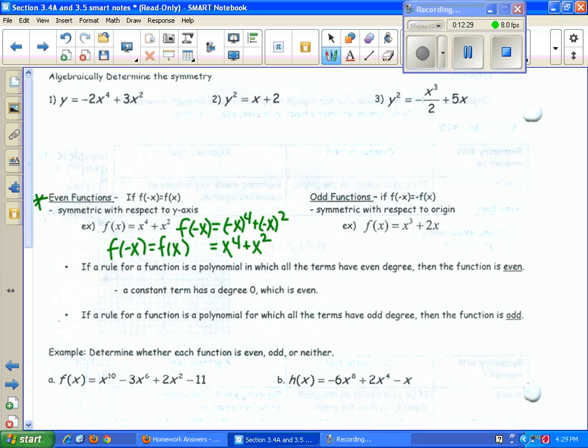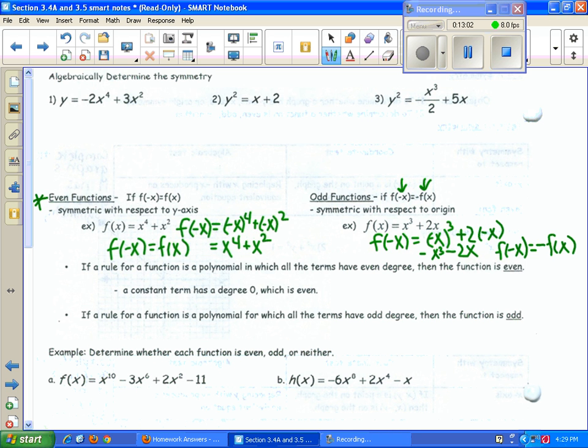If it's an odd function, when we replace negative x into the function, we would get the negative of our function out. So for this equation here, if we did f of negative x, we would get negative x cubed plus 2 times negative x. Negative x cubed would be negative x cubed, and this would become minus 2x. Notice that the signs have all changed, so that means that f of negative x equals the negative of our original function.